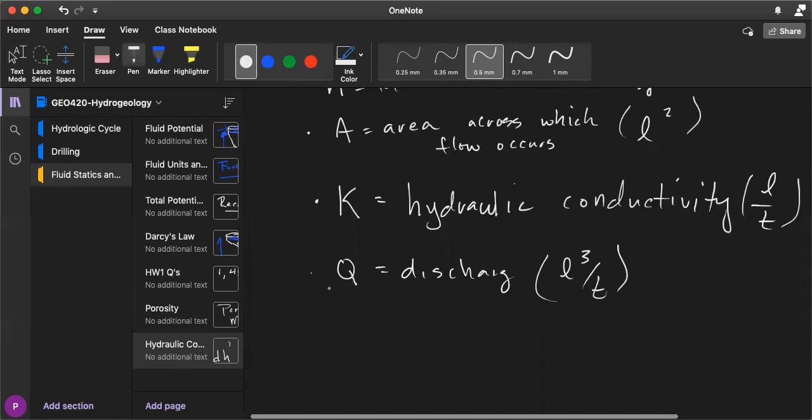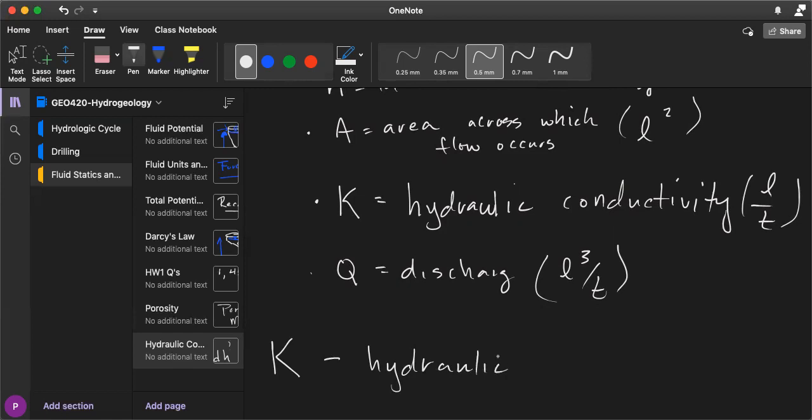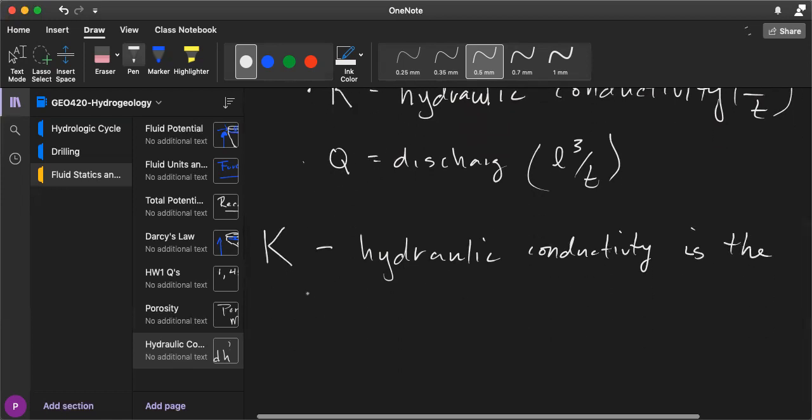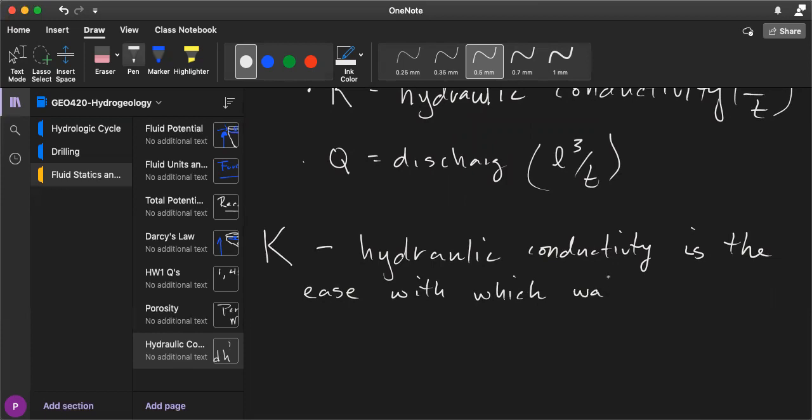All right, so hydraulic conductivity is the ease with which water, key here is water, moves through a media.